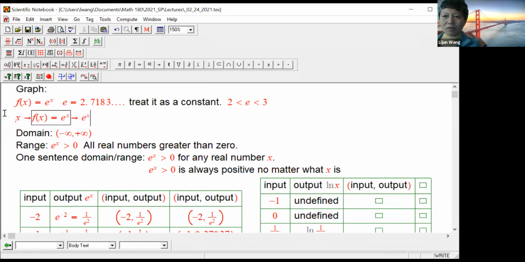We started with this theme at the beginning of the semester, and we will end with it. This entire class is the theme of function. What is a function? You need to fully understand the definition of function completely.